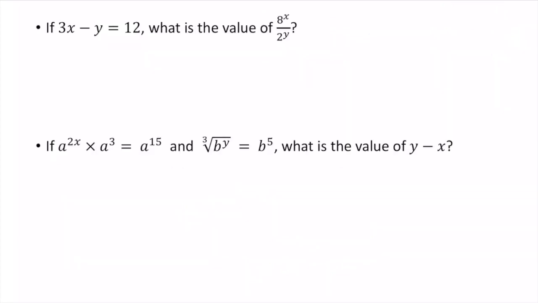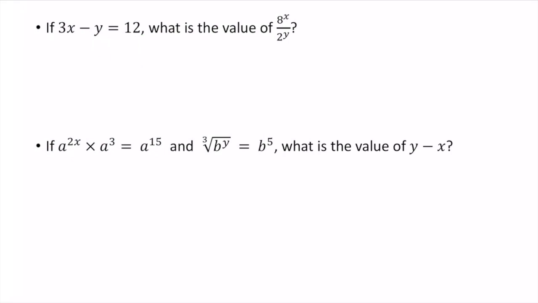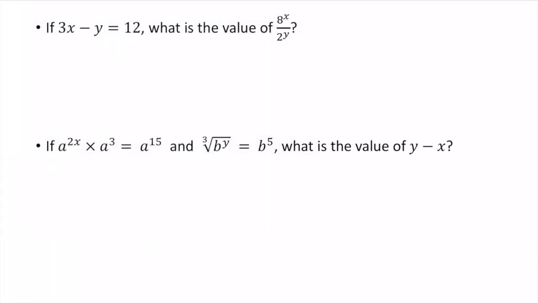So here's an equation. The first thing we notice is that we're dealing with exponents, and whenever we're dealing with them, what we want to do is try and make them the same base.